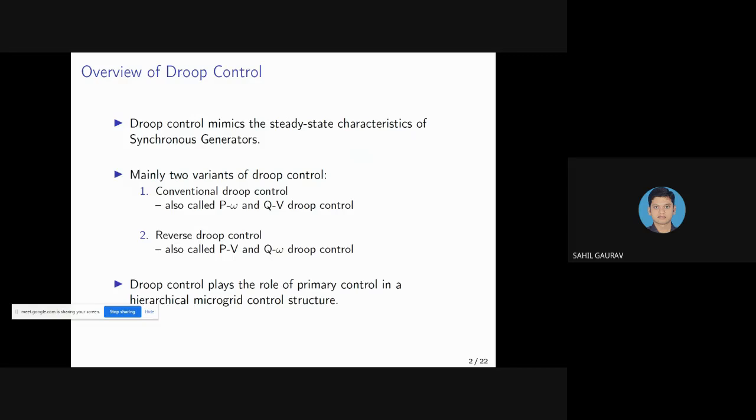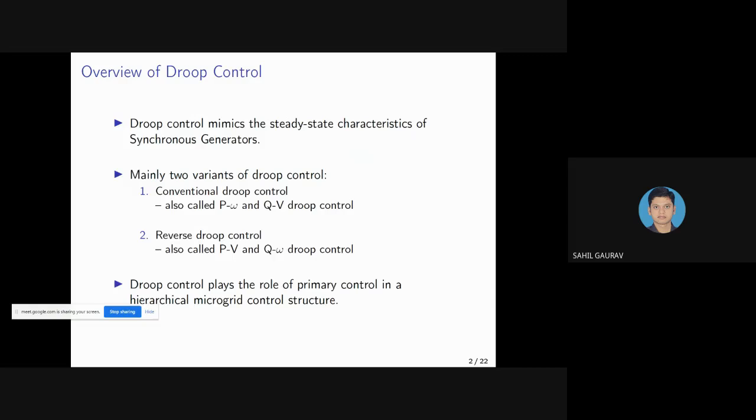However, in the general scenario, it is preferred to implement conventional droop in microgrid distributed units due to several limitations of reverse droop. We generally prefer conventional droop control over reverse droop control. We do not use reverse droop control in the microgrid distribution because of several limitations like compatibility with HV, compatibility with rotating generation, and active power dispatch.